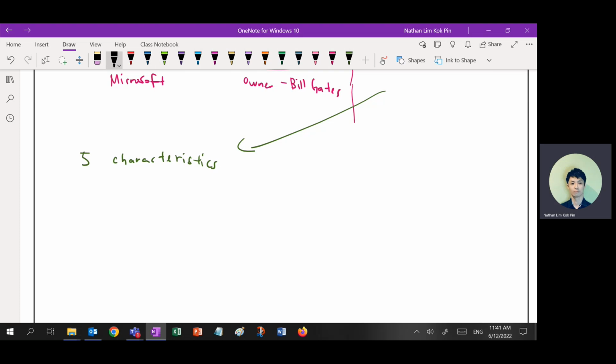Examples: your cap, your fake eyelashes, if you are using fake eyelashes, your contact lenses, your glasses, your shirt, your pants, your shoes, your socks, your gel, your shampoo, everything, your watch, right? Your tablets, your pencils, your books, your pencil box, your water bottle, your calculators, your phone, everything is monopolistic competition. So please don't tell me you don't know what is monopolistic competition, right?